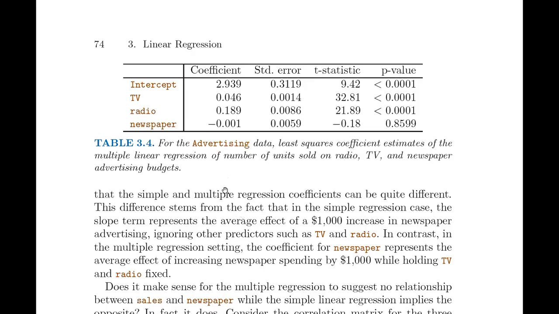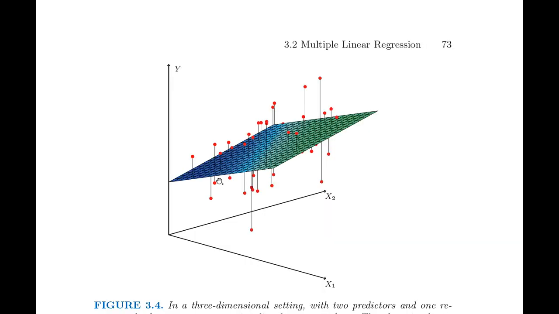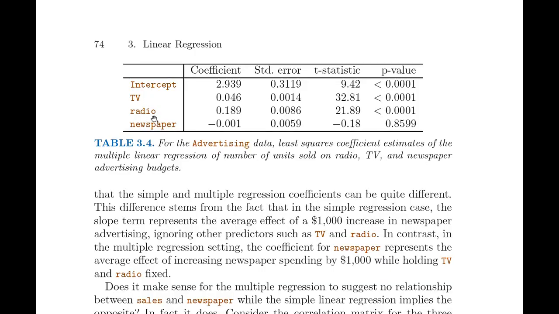Now that we're allowing for more predictor variables, it would appear to be the case that it's actually radio that's driving the sales and not newspapers.